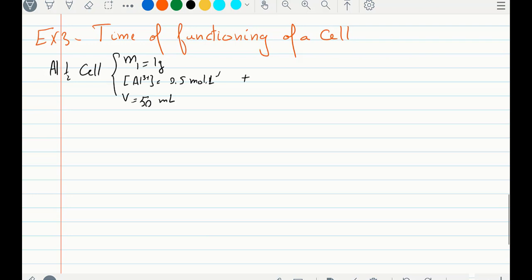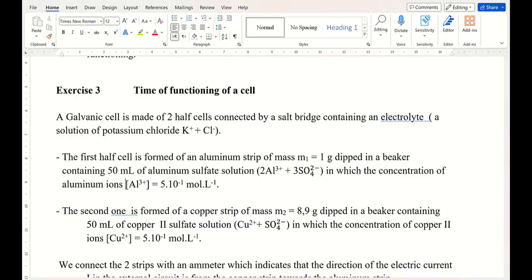The second half cell is Cu half cell. The second one is formed of copper strip of mass M2 equal 8.9 gram, dipped in beaker containing 50 ml of copper 2 sulfate solution, in which the concentration of Cu2 plus ion also equals 0.5 mole per liter.